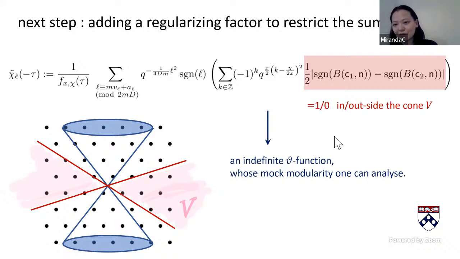And then you add this factor, which takes the value of 1 or 0 if you're outside or inside a cone. So this is how you restrict the sum to a cone. And once you do that, you can massage it, and it becomes a well-defined function on the upper half plane because you're restricting to a positive definite cone. And then the mock modularity, one can analyze explicitly, again, thanks to Zwegers and many other people.